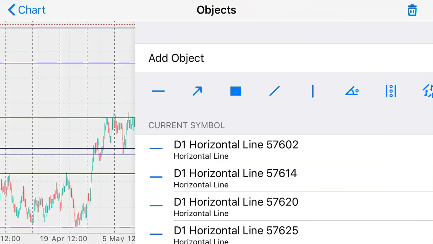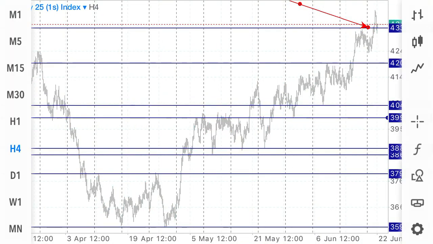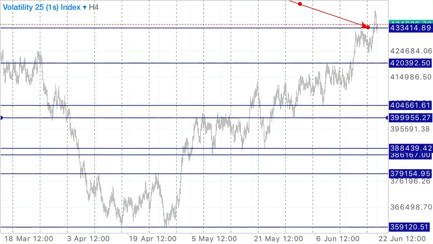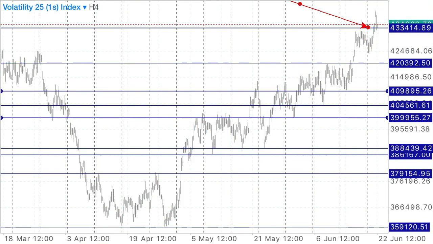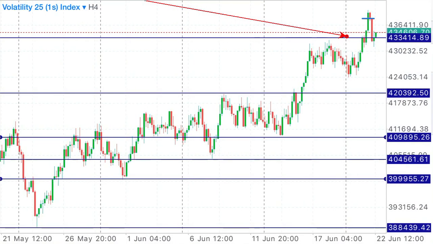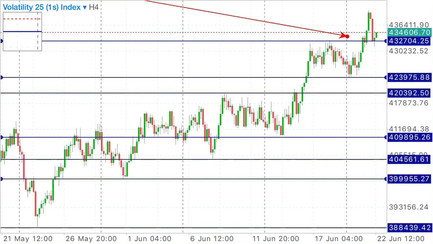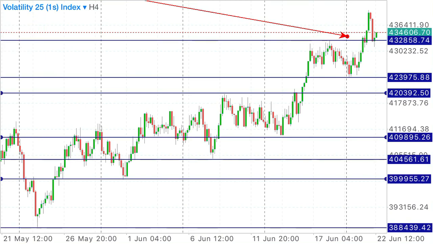Even on 4 hour, I'm also identifying all my previous support and resistance, right? Okay, if you can remember, on day one there is a breakout, right? There is a breakout on day one.